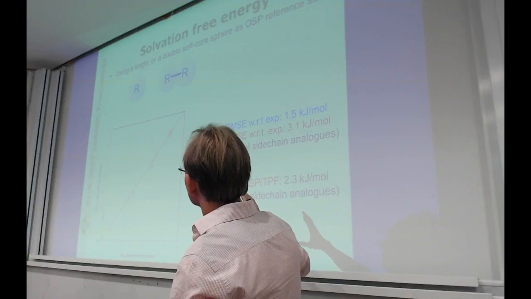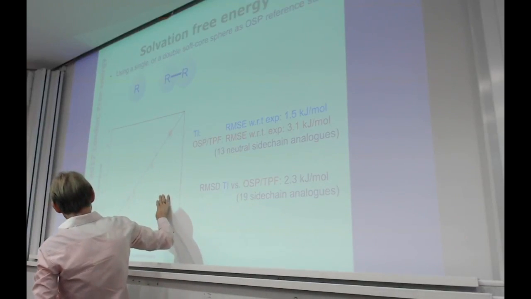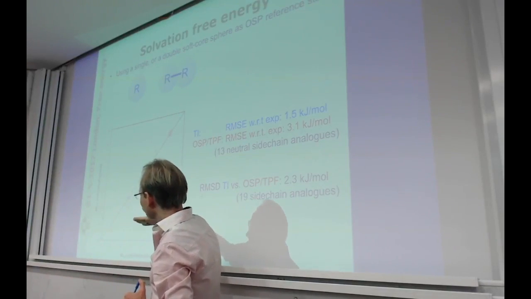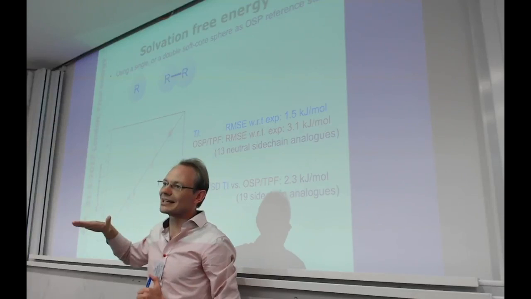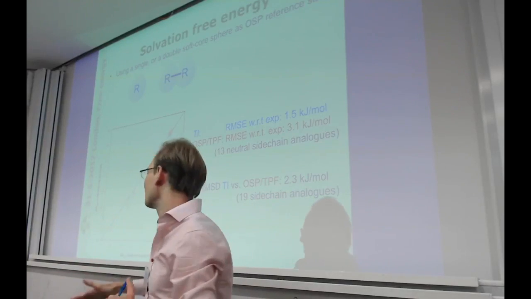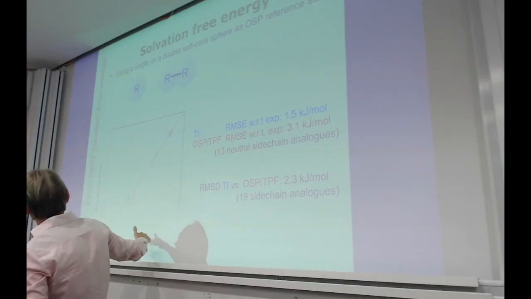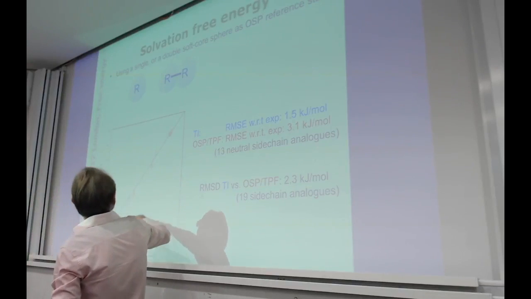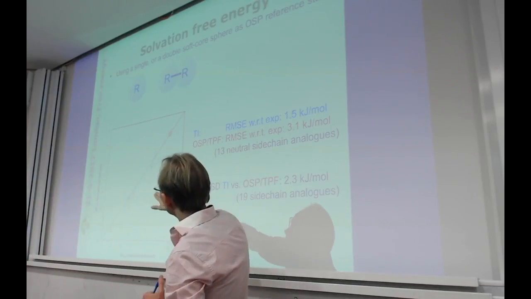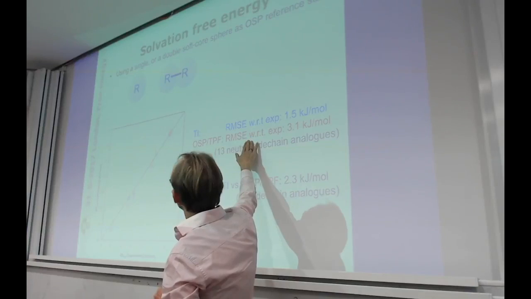Now the resolution is not very good, but what you see here is again the comparison against the experimental solvation free energy. So we have experimental solvation free energies for our molecules, we have the calculated values, and we can do this for TI, that's the blue circles, and we can do it with this OSP third power fitting method.